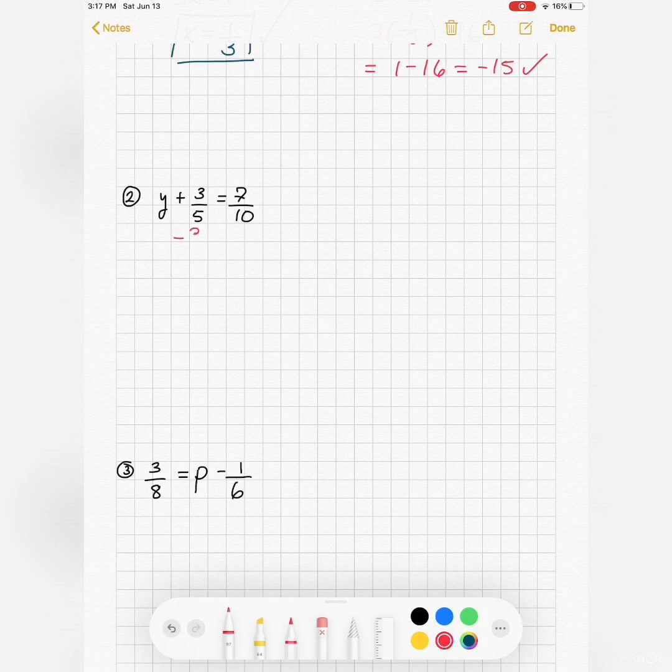So it looks like here to isolate the y, I would subtract 3/5. And then I'd need an LCD of 10. Multiply the second fraction by 2 over 2.